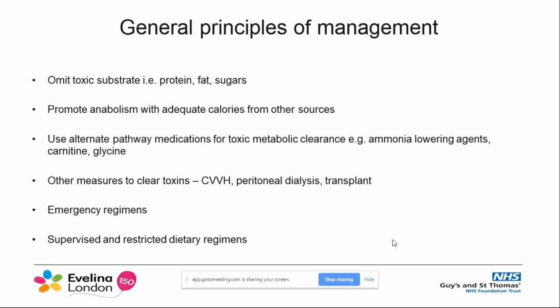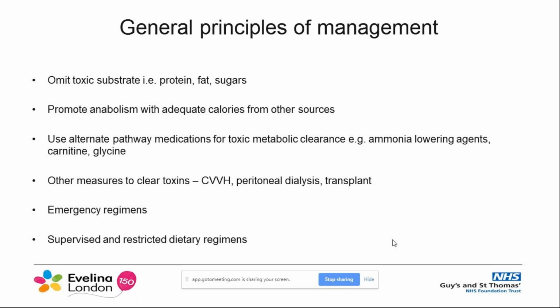And then the general principles of management for these intoxication type disorders is, one, to omit the toxic substrate, whether it be a protein, a fat, or a sugar. You need to try and promote anabolism with adequate calories from whichever source is not causing toxicity. So for example, in urea cycle defects where protein is toxic, you want to remove that, but you then provide calories with carbohydrate and fats in the acute situation.